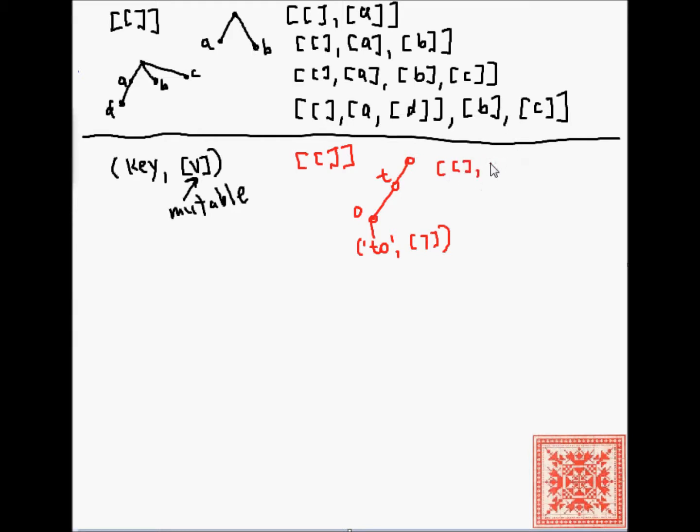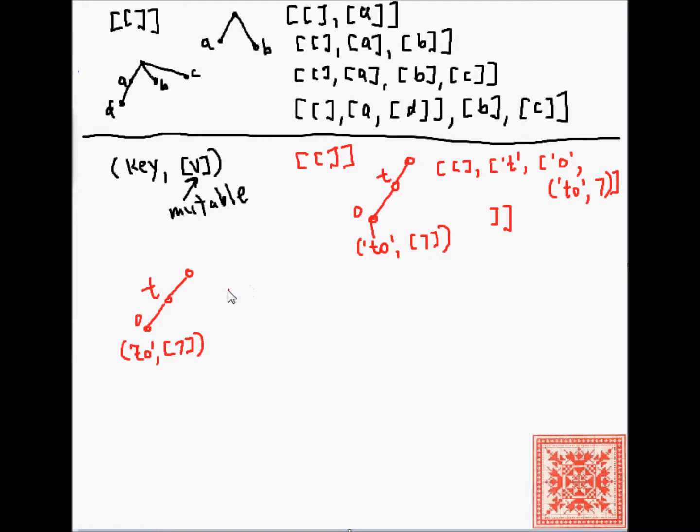After that insertion, we will have the root, and then T, and the T has a sub-branch that begins with O, and after O we have this bucket TO and 7. Actually, 7 should be inside the list, but I'm running out of space here, so let's match the parentheses: matched O, matched T, and matched the leftmost parentheses. So this is what our trie is so far.